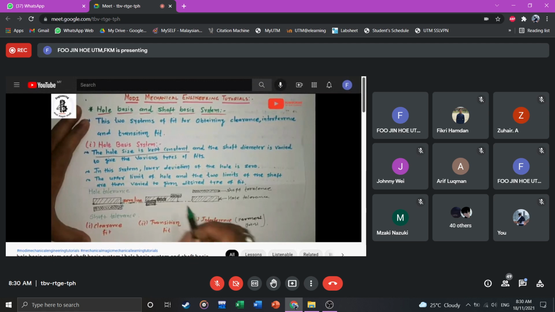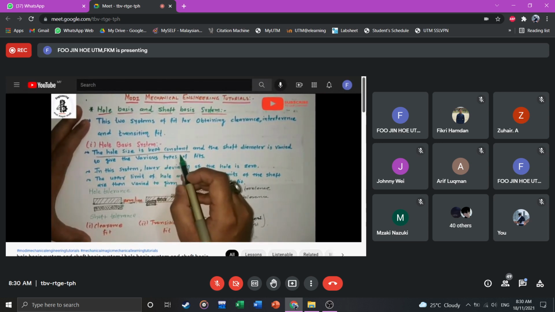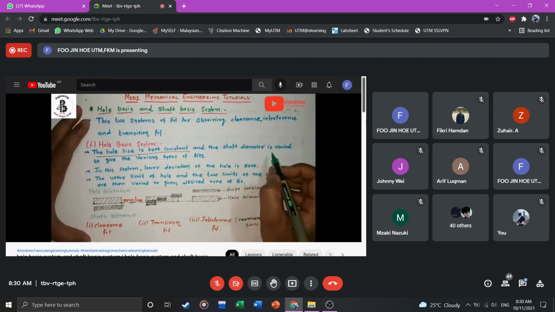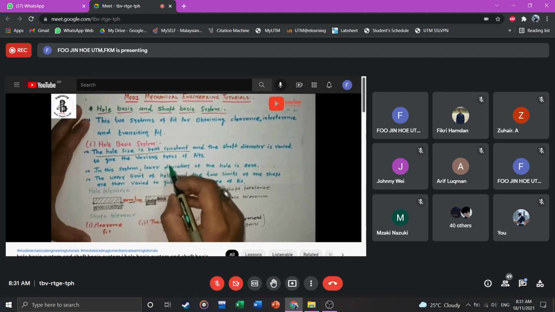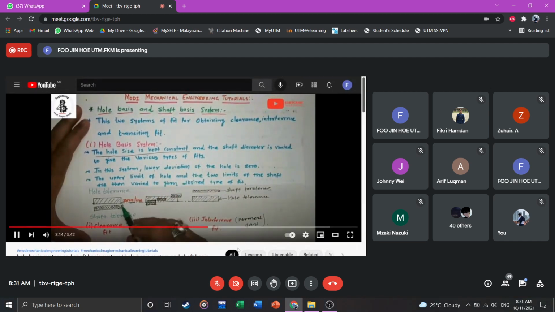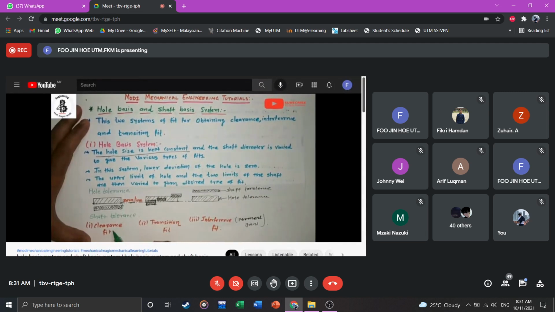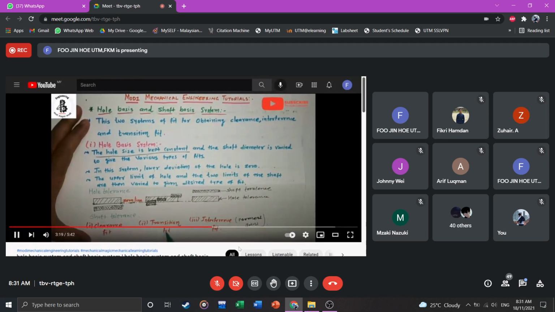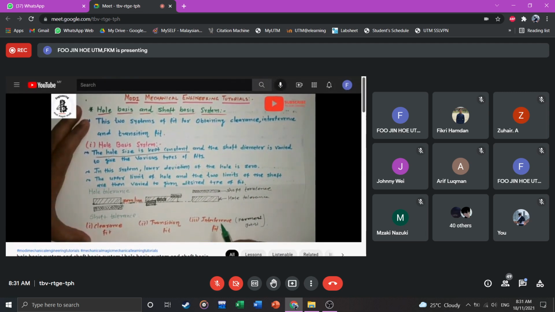So for all three cases, clearance fit, transition fit or interference fit, the position of the hole tolerance is kept constant, and just the diameter of the shaft is varied, and you can get the different kinds of fits: clearance, transition and interference fit.